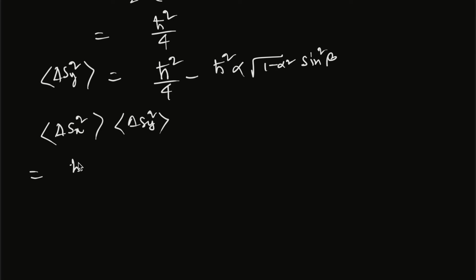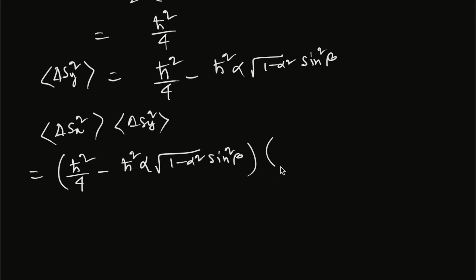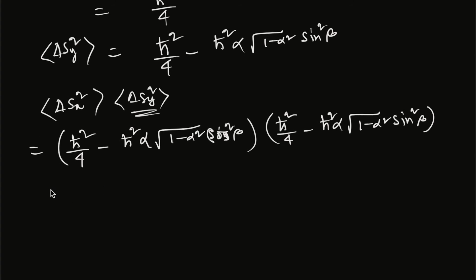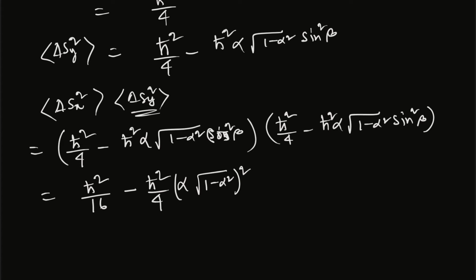What is its value? h cut square by 4 minus h cut square alpha root over 1 minus alpha square cos square beta, and this is sine square beta. h cut square by 4 minus h cut square alpha root over 1 minus alpha square sine square beta, that is h cut square by 16 minus h cut square by 4, h cut square by 4 alpha root over 1 minus alpha square, its square, no, there will be no square.